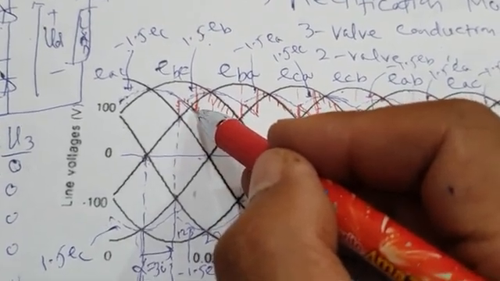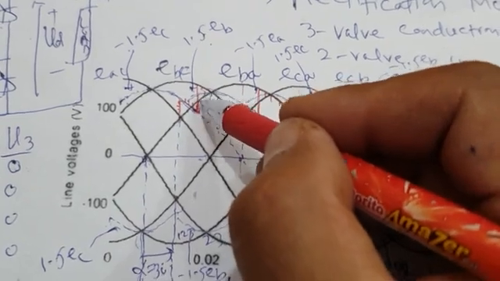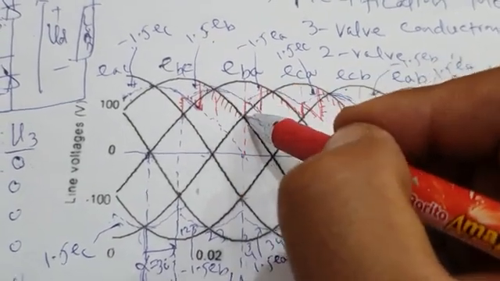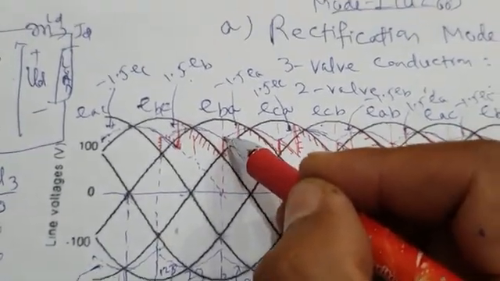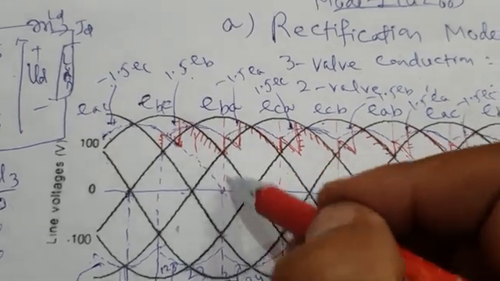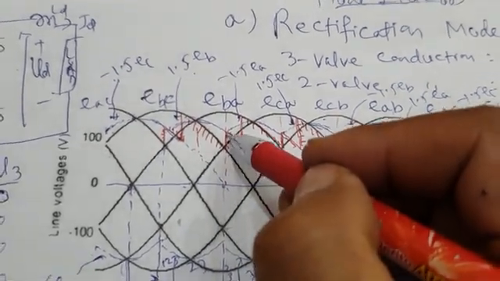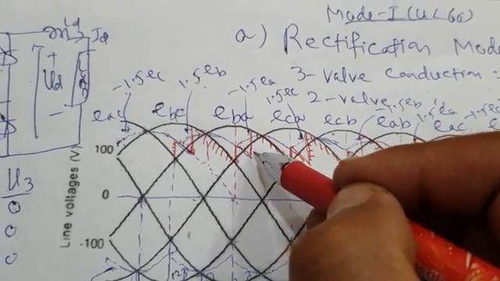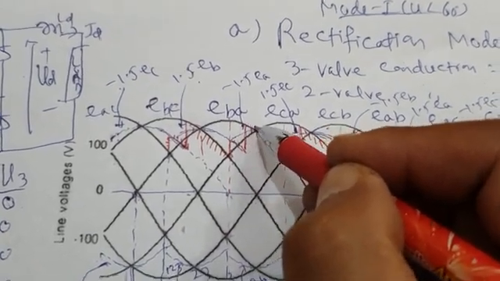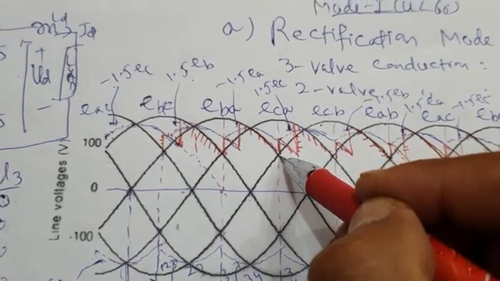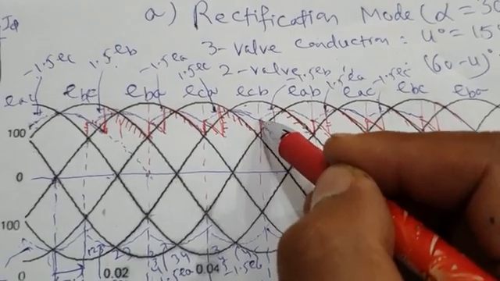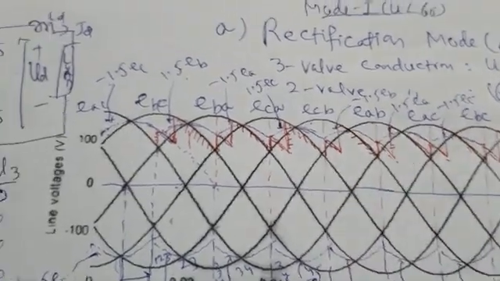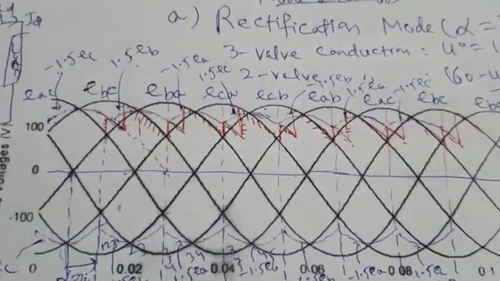And when 2 3 are conducting, for 45 degrees, up to the next instant of firing, your load voltage is EBC. Then when 4 is conducting, 2 3 4 valves are conducting, your load voltage is 1.5 EB for 15 degrees. For 45 degrees it is EBA. Then your load voltage is minus 1.5 EA, then ECA. So continue like this blindly. So this gives your load voltage waveform.